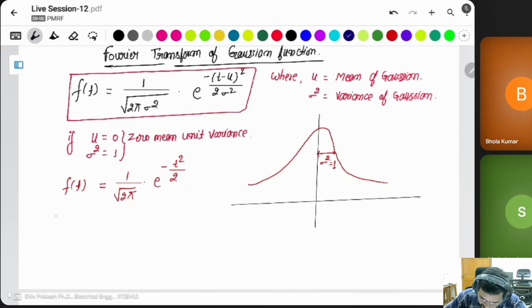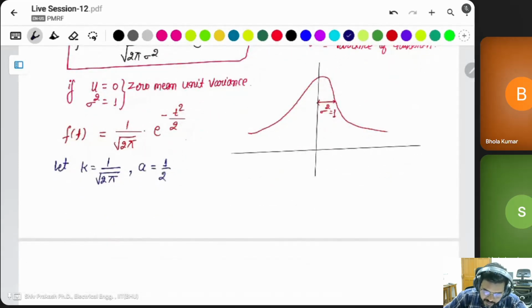Same thing, if you take k equal to 1 by root 2 pi and a equal to 1 by 2, the whole function looks like, in a general way, k into e to the power of minus a t square.